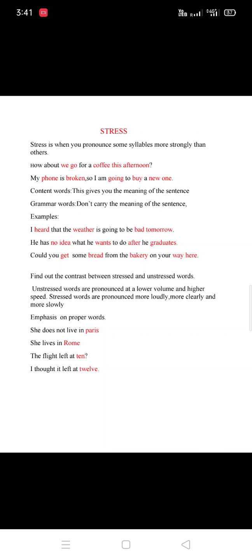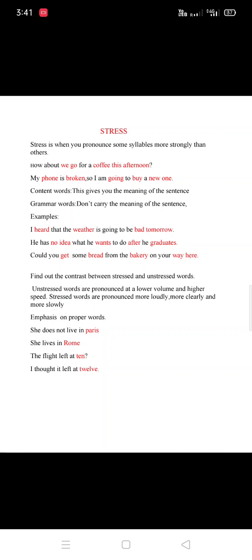So here I give stress on heard, weather, bad, tomorrow. In the second sentence, no idea, wants, after, graduates. In the third sentence, get, bread, bakery, way, here.